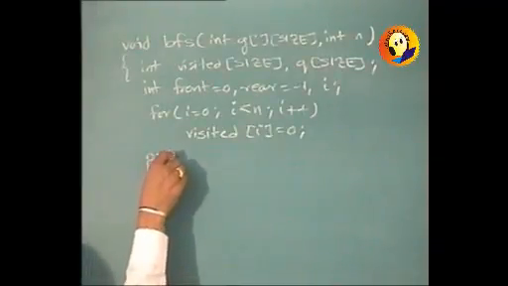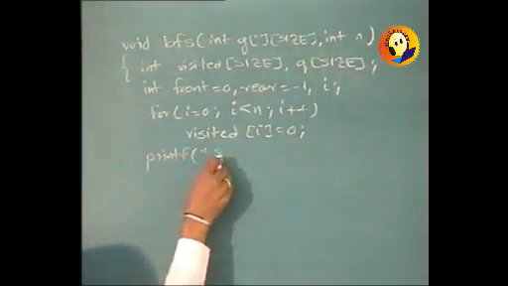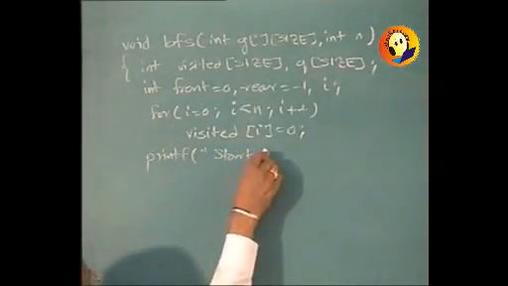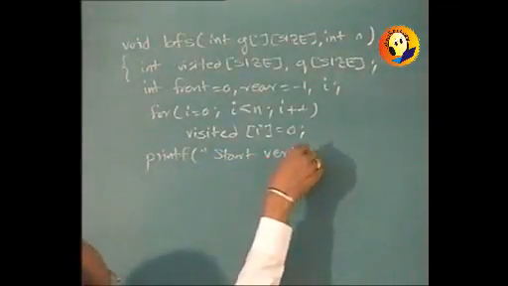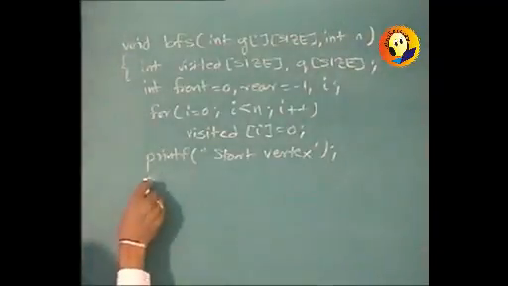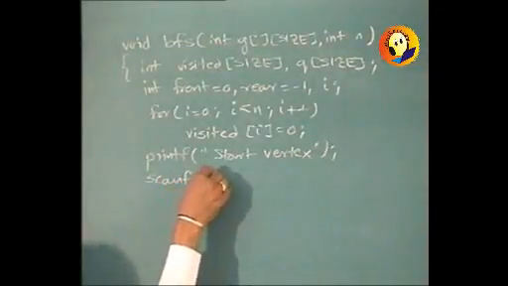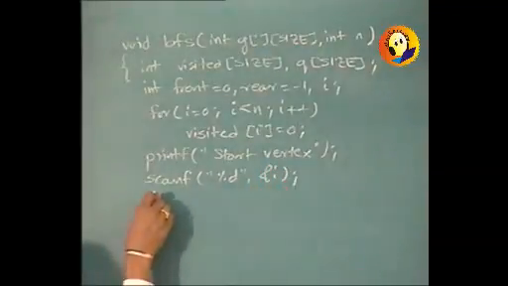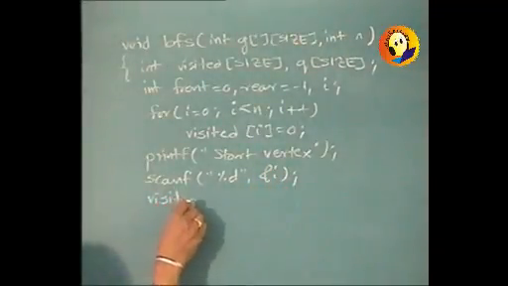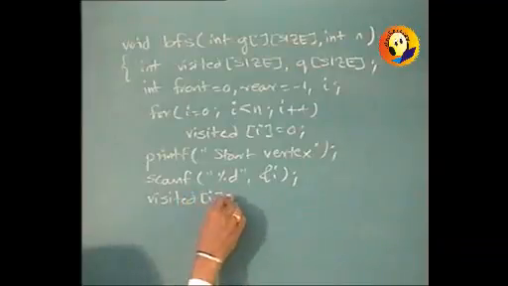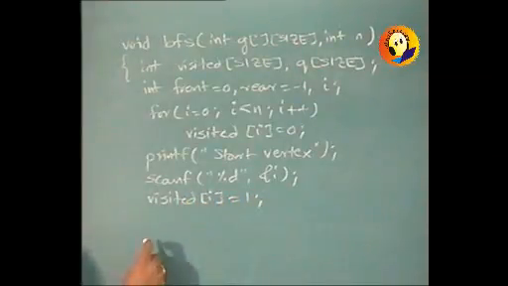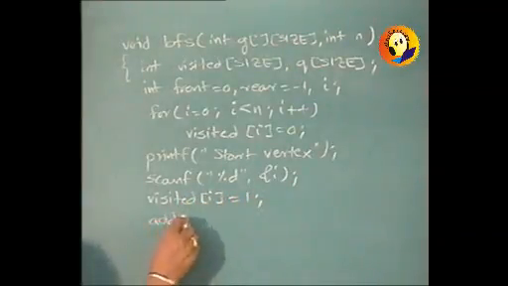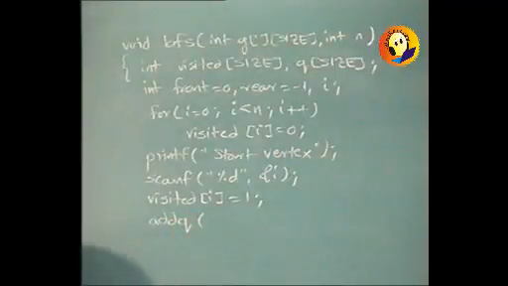Printf start vertex, accept it as I, mark visited of I as 1, and then add Q. What will you write in add Q?